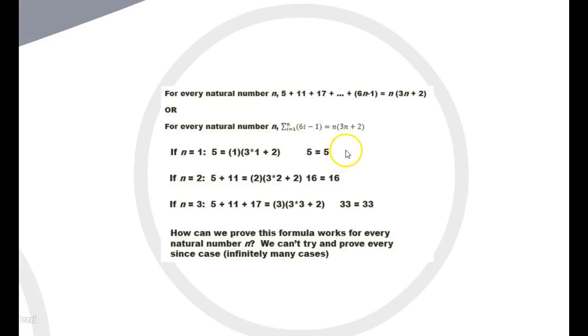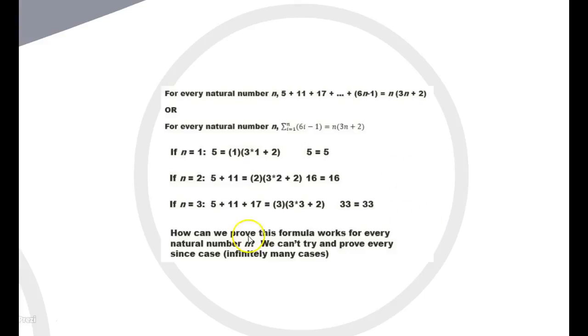Well, I say it works for n equals 2. If n is equal to 2, not only do we have the 5, the first term, but now we also have the second term in the series, 11. So if we add those two numbers together, that gives us 16. If we substitute 2 into our sum formula, we also get 16. So hey, formula still works.